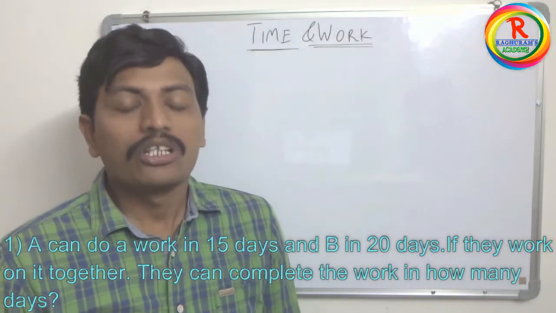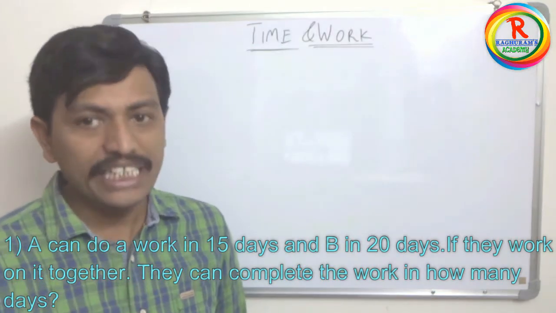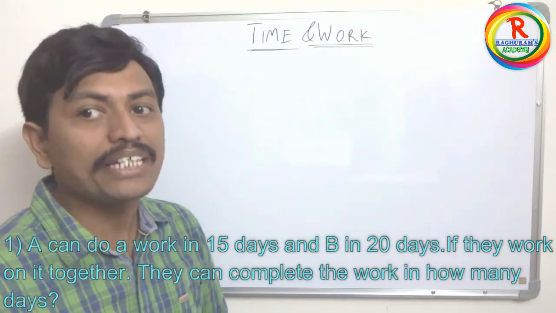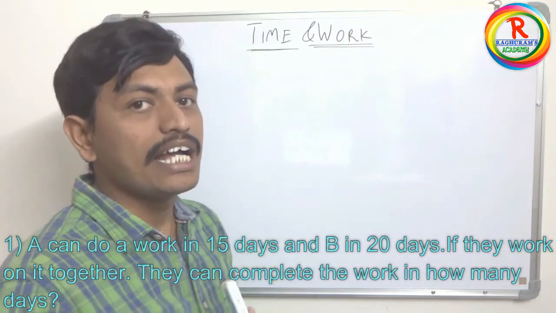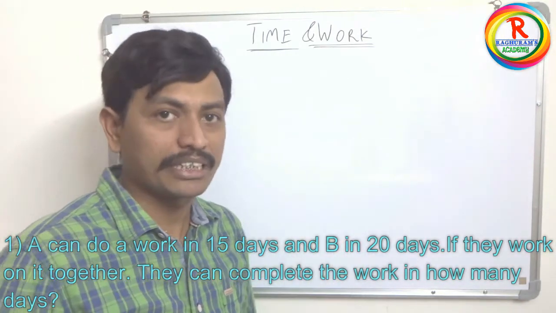Let us take a problem. The first one: if A can do a work in 15 days and B in 20 days, then if they work on it together, in how many days do they complete the work? We have a shortcut method, but first we shall learn the normal method.